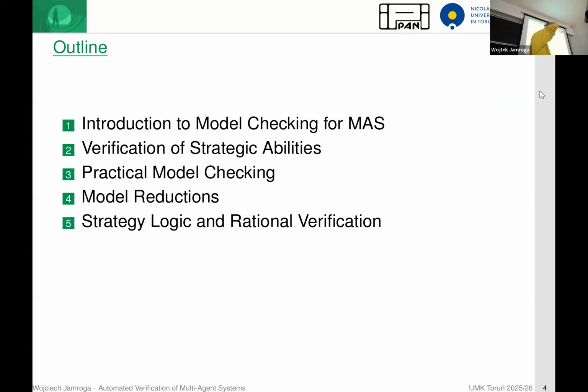This is the outline of the series. Today we are having an introduction to the introduction. Basically, I'm going to introduce the basic ideas, and then I'm going to move on to the simplest modal logics that can be used for reasoning about multi-agent interaction, namely temporal logic and epistemic logic.